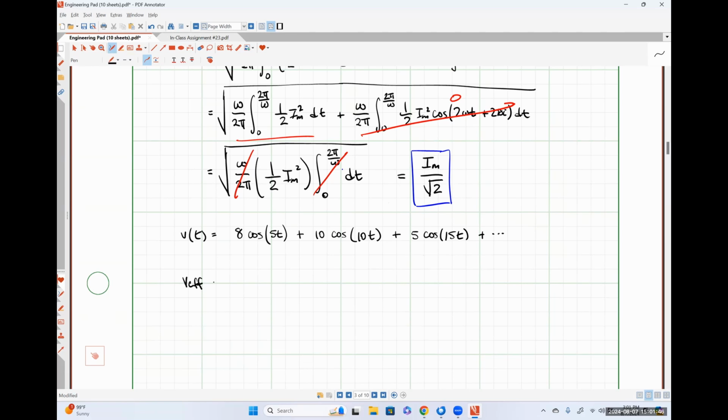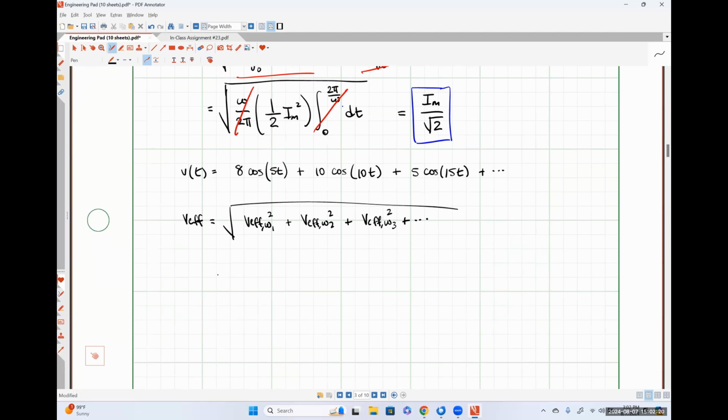The effective value is going to be the square root of the effective value at frequency 1 squared plus the effective value of frequency 2, sorry, that should be a subscript, squared plus the effective value of frequency 3 squared, and so on and so forth.